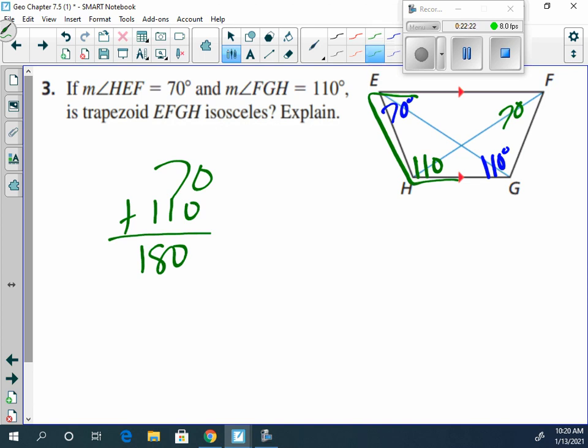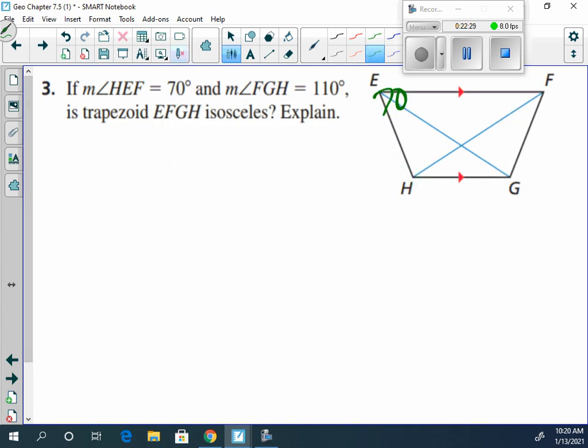Yes, we can. Now this isn't the exact way to do it. Let's do it a different way, because they told us that this angle is 70 and this angle is 110, yes? So let's go to a more mathematical approach, because we just kind of filled in and assumed that it was, and hey, it worked out, it was, yes?